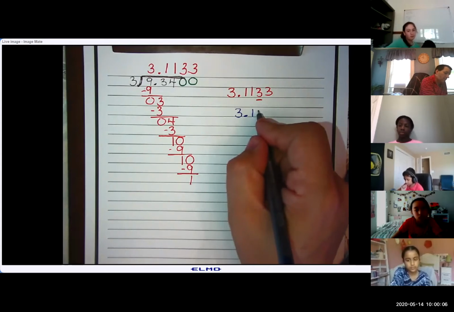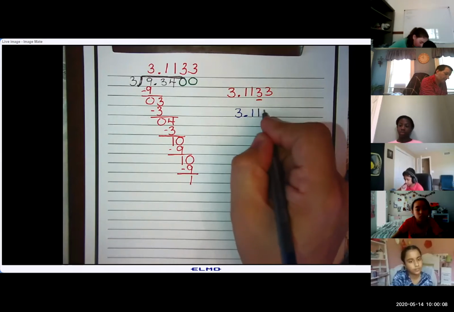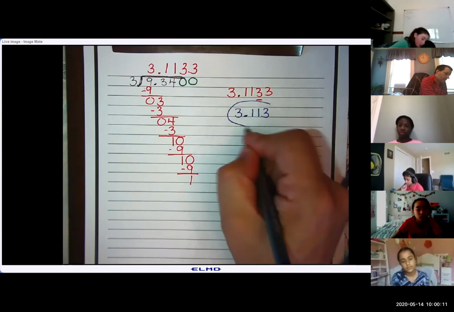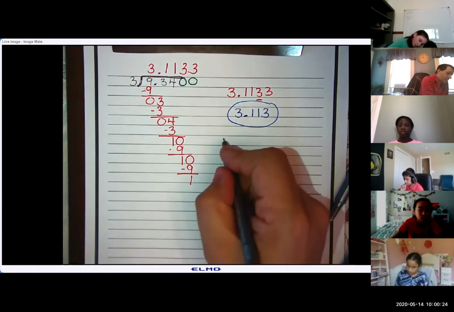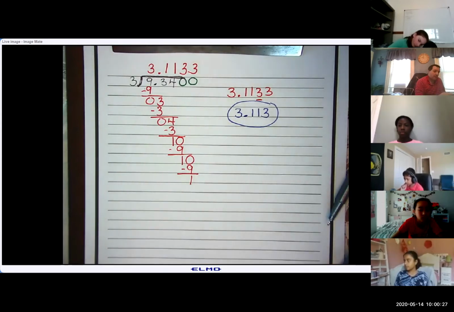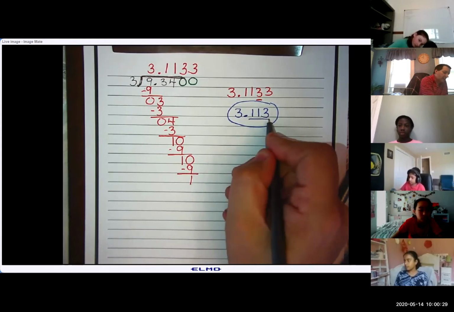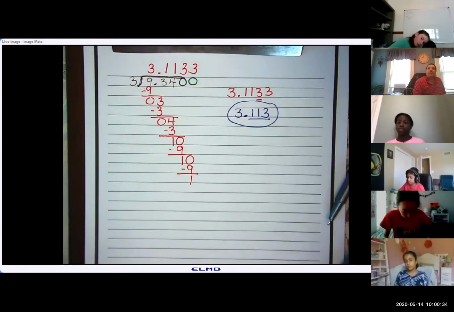Yes, you do know. What's this number? 113 thousandths. Correct. There we go. 113 thousandths or 113 1,000ths is fine as well.